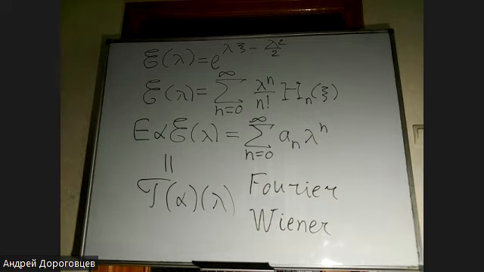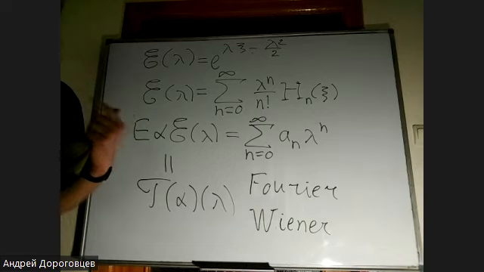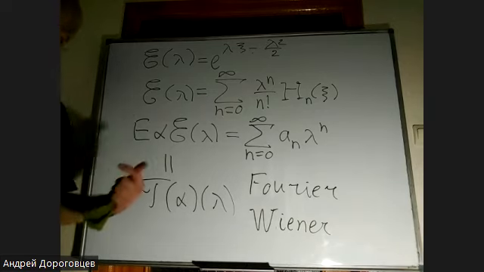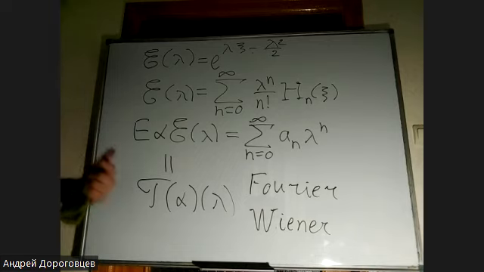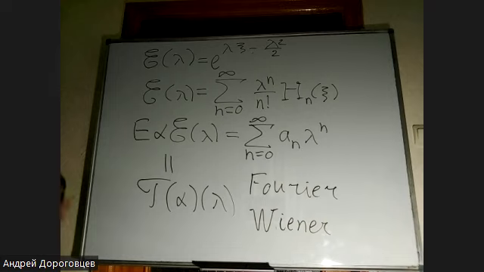So maybe here we have to find something which also will have properties like convolution, and then we can apply the Fourier-Wiener transform in order to get a product. Yes, it is exactly this case. So let me introduce to you this operation.